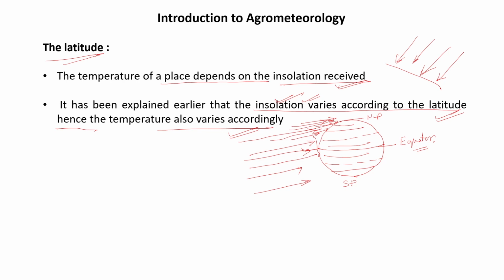So that causes this area to get a lesser amount of heat. So what is deciding here? The deciding factor for the amount of insolation received by the Earth's surface is the latitude.